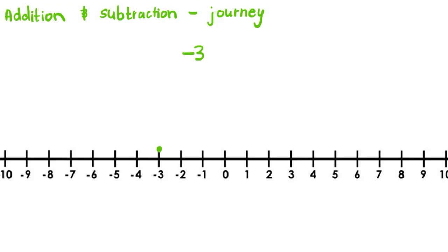Another interpretation is to look at -3 as both the direction that I'm facing and how many units or steps I'm taking. So let's first write the two interpretations. The first is a physical point on the number line.